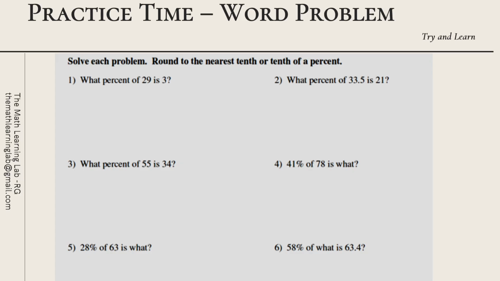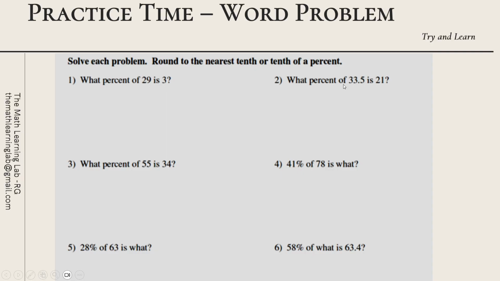Here are a few problems to try where you might not get clean numbers. By clean number, I mean a terminating decimal or a whole number. So, what percent of 29 is 3? For questions 1, 2, and 3, you need to calculate the percent, where 3 is the part and 29 is the whole.